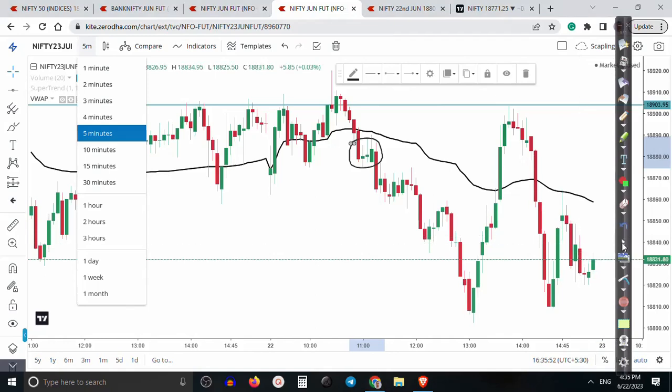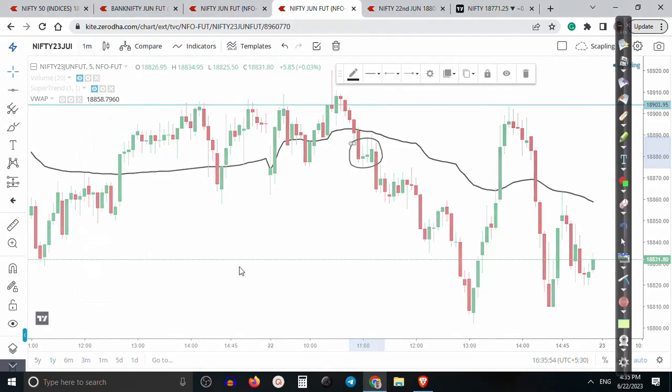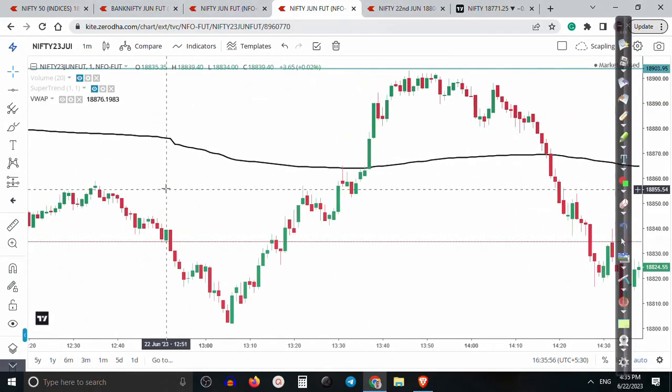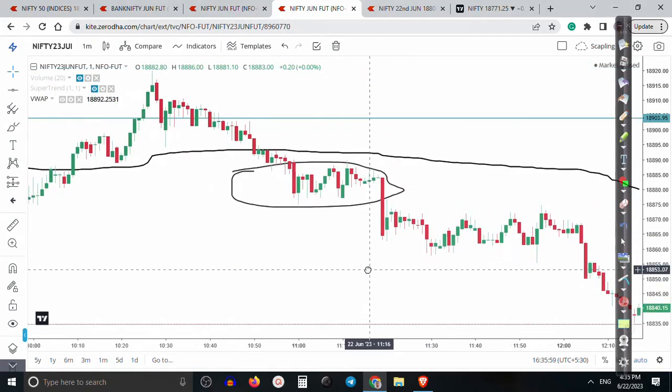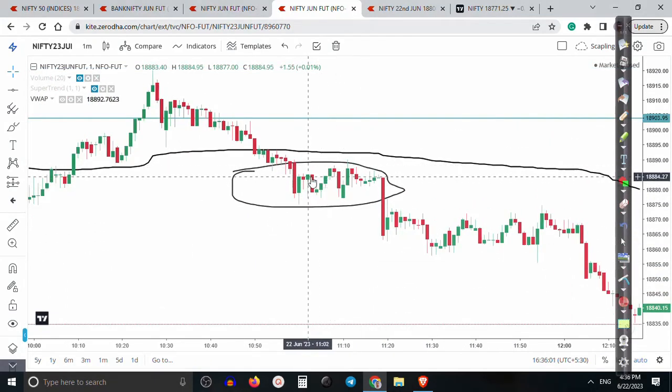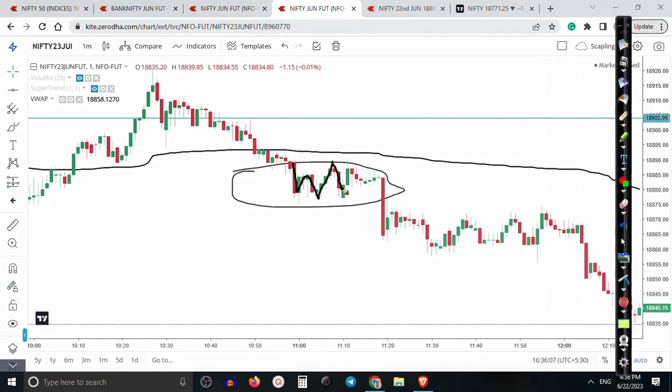Let me scroll somewhere here. Now you can see in the 1 minute chart, price is holding, and finally breaks this level. After that pullback, that was our entry point.